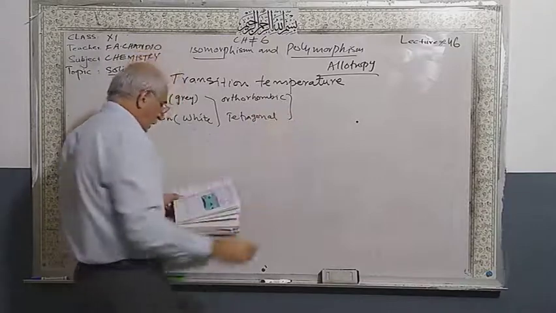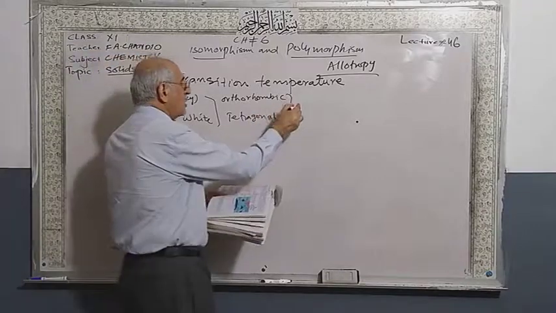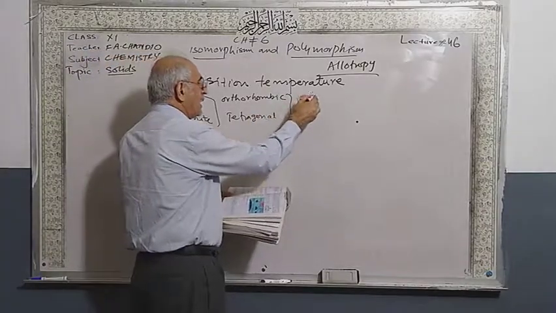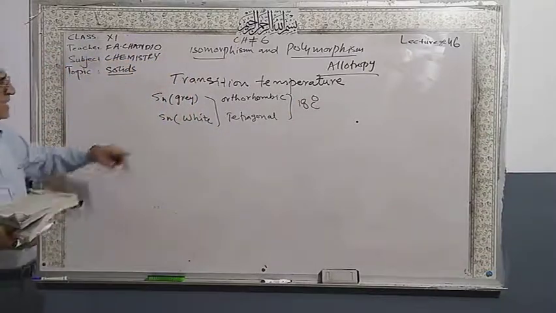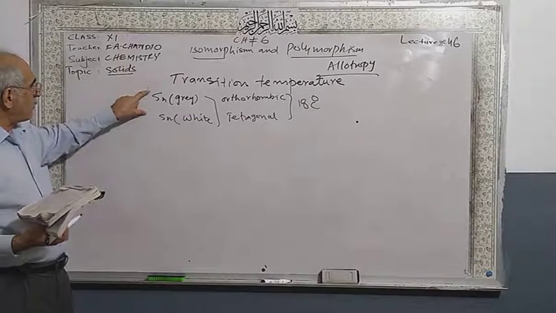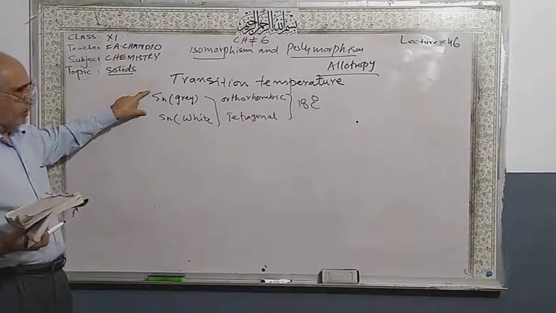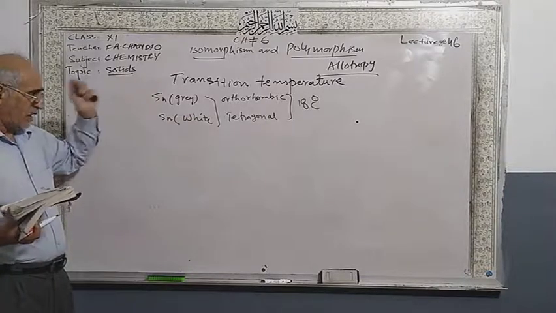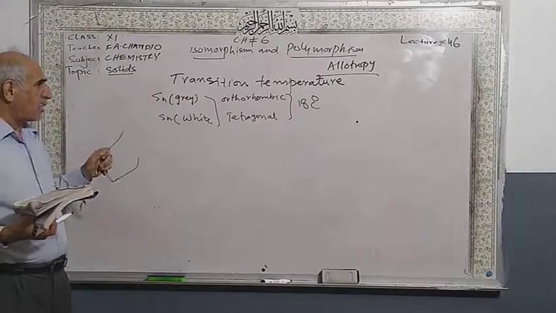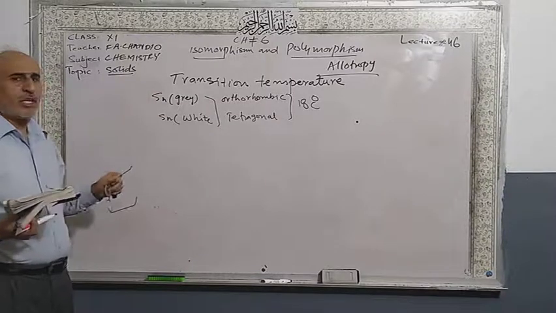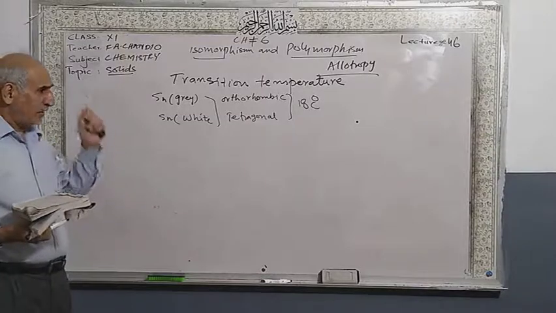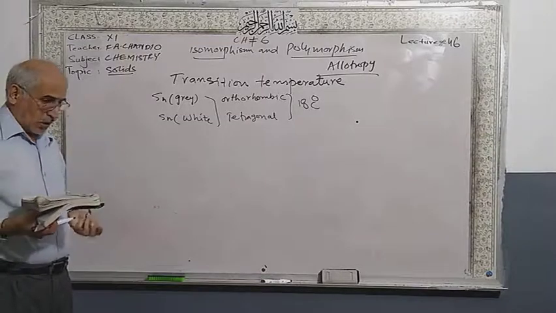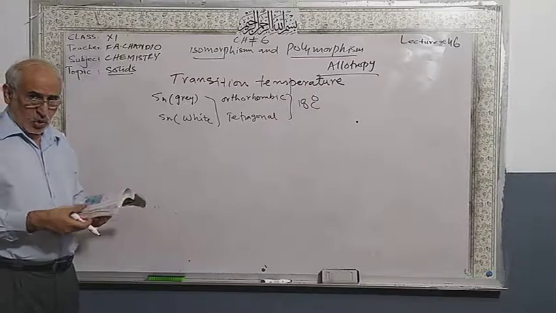They both exist at 18 degrees Celsius, which is the transition temperature at equilibrium. When you increase or decrease the temperature, there will be a change. But if you maintain the same temperature, these two crystalline forms coexist.